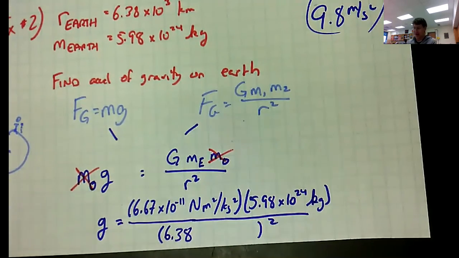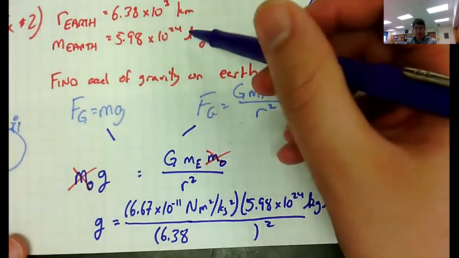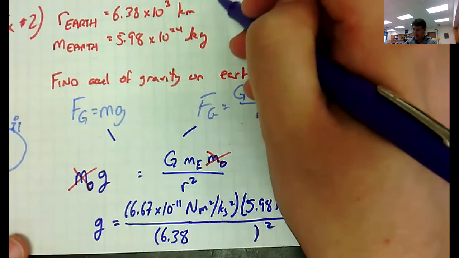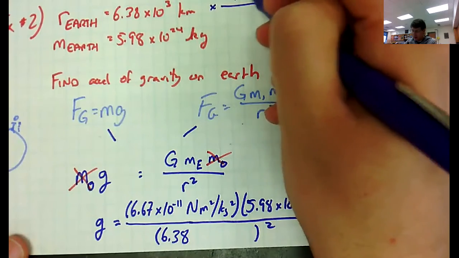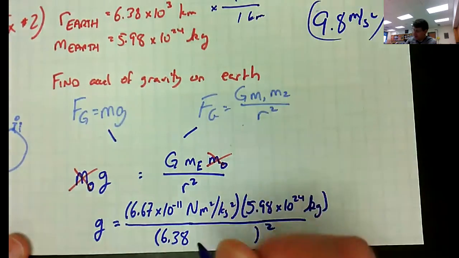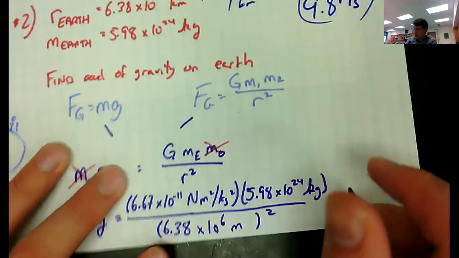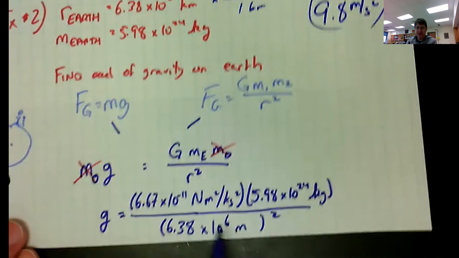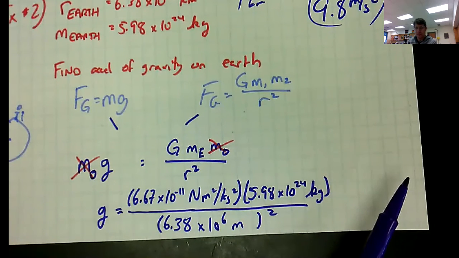How many meters is that? Remember there are 10 to the third meters in 1 kilometer, so this is 6.38 times 10 to the 6th meters. If it gives it to you in kilometers, you just have to add 3 to the exponent.